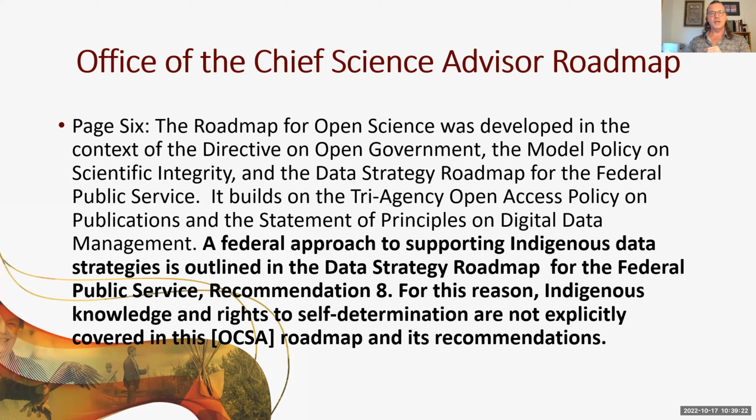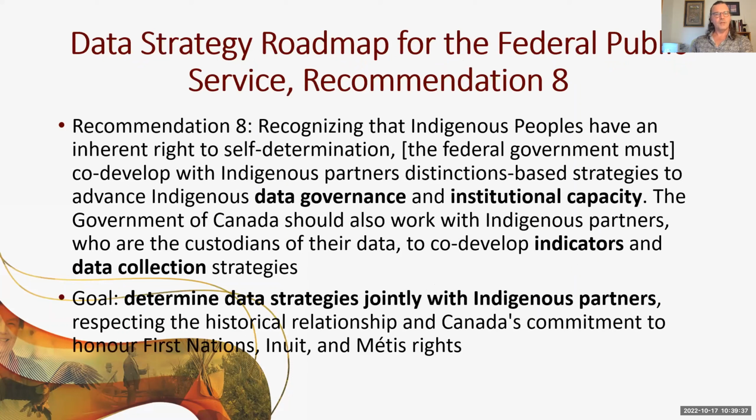For this reason, the Chief Science Advisor was not going to explicitly address Indigenous rights when it comes to open science. And I think open science definitely maps onto what we're talking about here. If you refer to that Recommendation 8, essentially the goal is to determine data strategies jointly with Indigenous partners.